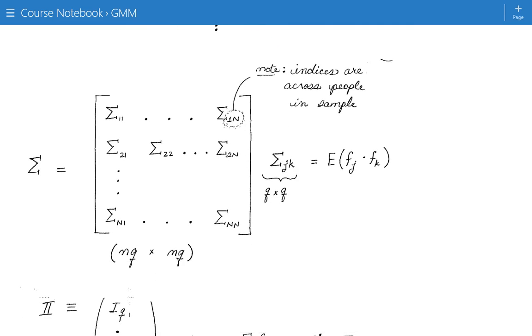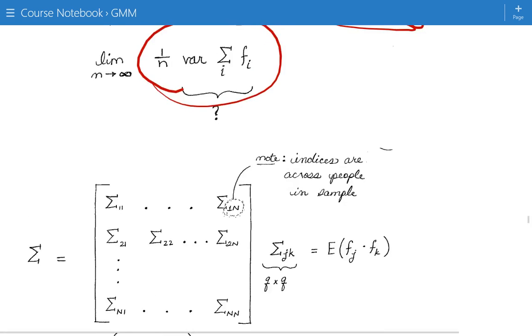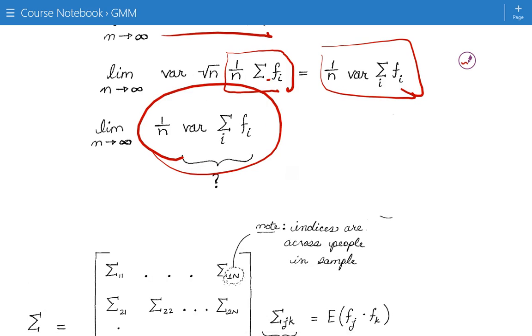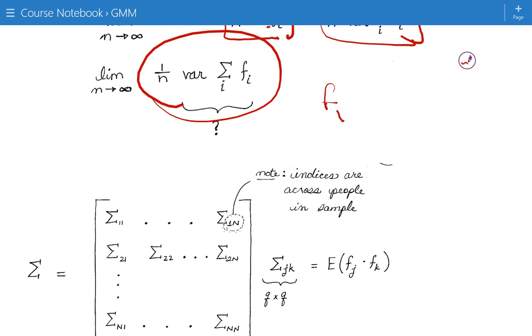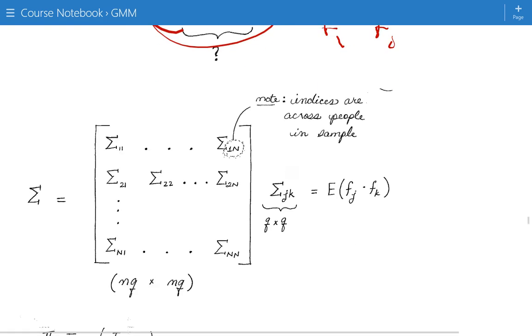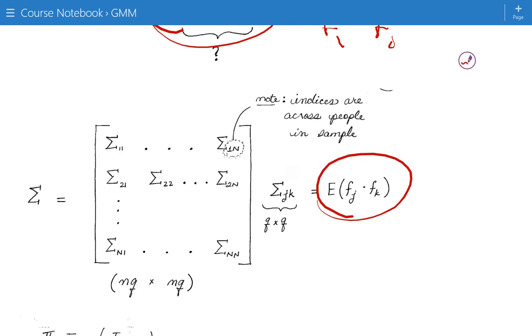Well, for each observation f_i, we can look at some other observation f_j, and look at essentially the expected value of the cross products, which is some matrix sigma_ij.